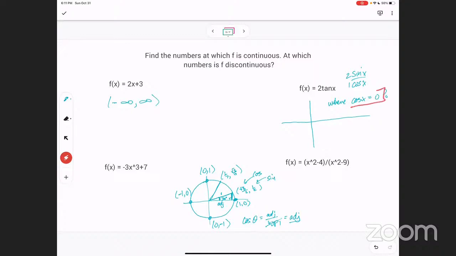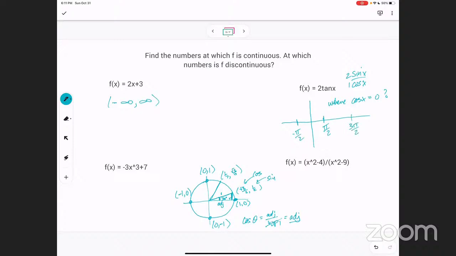Think of your unit circle. It equals 0 there and there. So it's at pi over 2 or 90 degrees, and it's at 3 pi over 2. So that's the answer: pi over 2 or negative pi over 2 or 3 pi over 2.